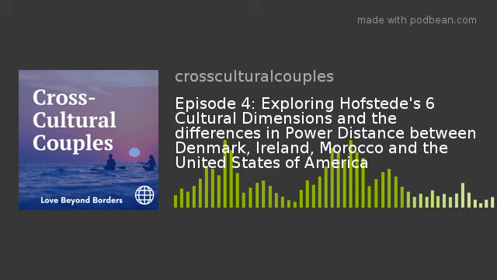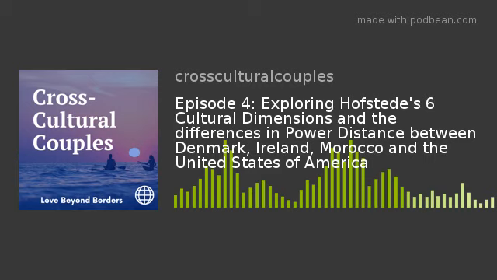So let's talk about Morocco. Okay, so Morocco scored 70, which is higher than Denmark, Ireland, and United States. And higher by a lot. I know, it's almost double even for America. Which means the extent to which the less powerful members of institutions and organizations within a country expect and accept that power is distributed unequally.